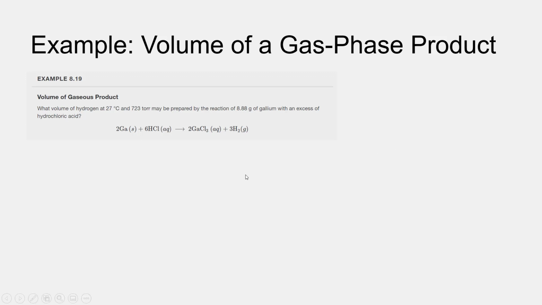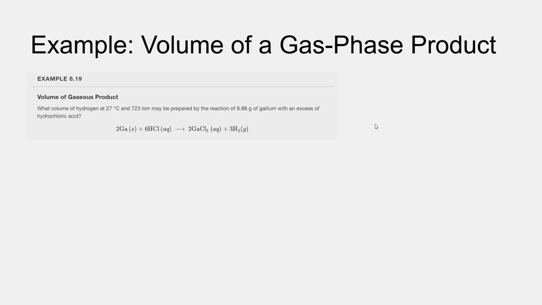If this reaction is run at 27 degrees Celsius and an external pressure of 723 torr, what volume of hydrogen in liters may be prepared by the reaction of 8.88 grams of gallium with an excess of hydrochloric acid? So there's a lot going on in this problem.